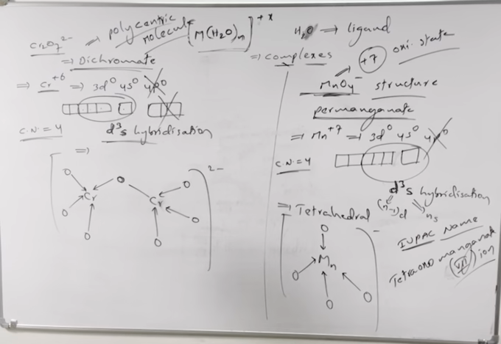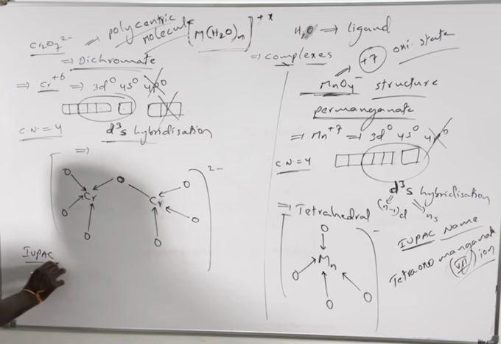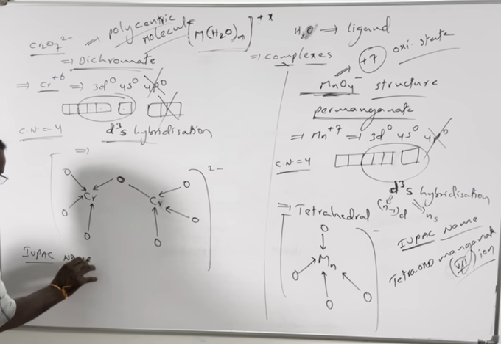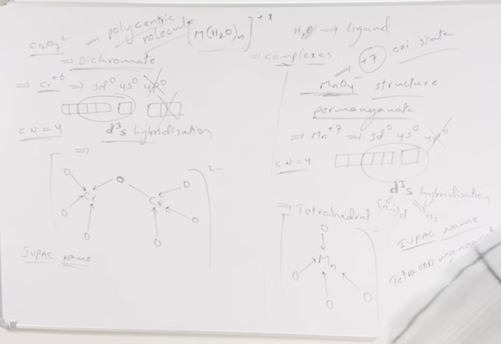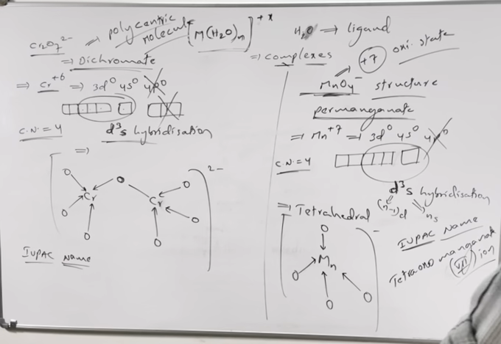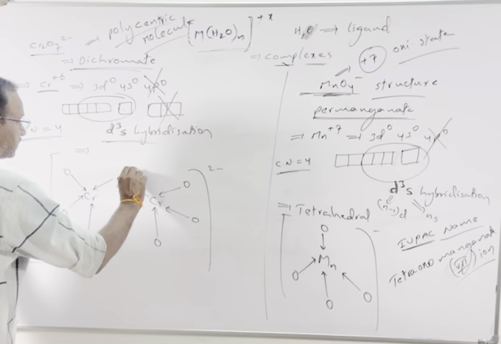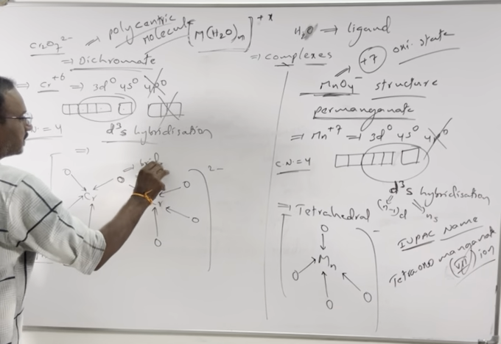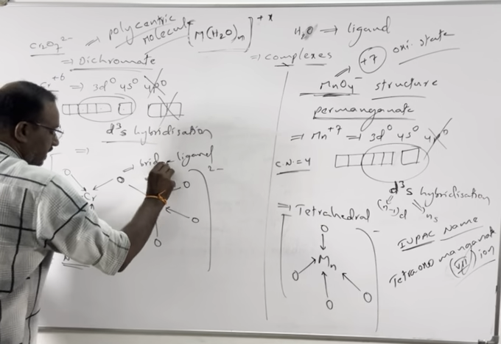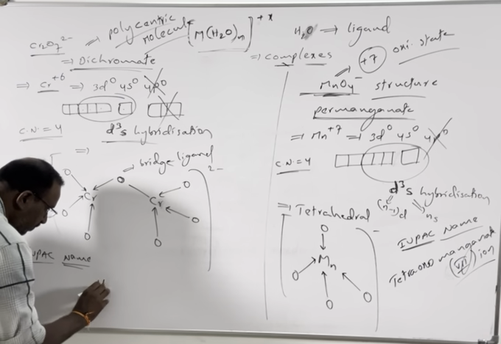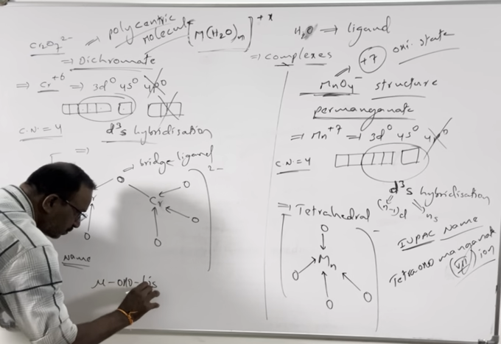So according to IUPAC, the name of this complex is mu-oxo, because it's a bridged ligand. So the name is mu-oxo-bis, because two chromiums are there.